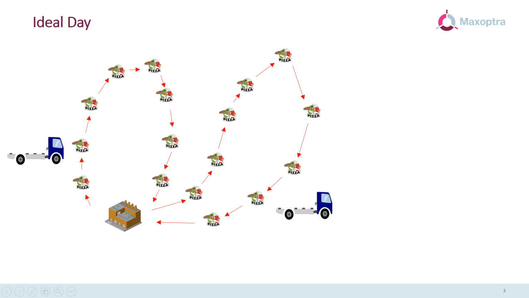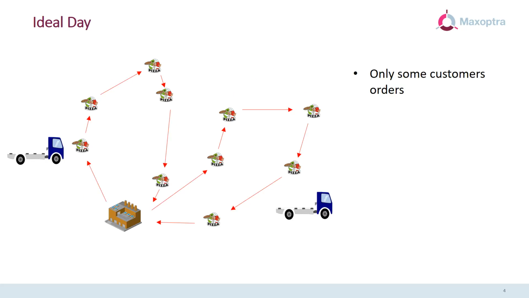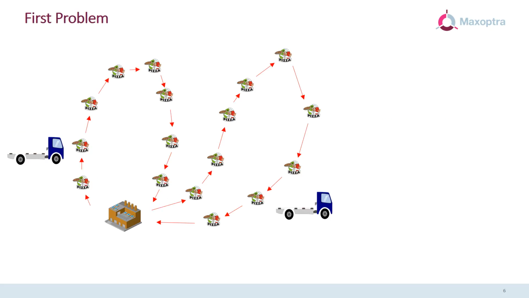So, come the ideal day, what actually happens is I've got my 2 trucks, my orders come in, and some customers order some products on each route, and miraculously it means that both my trucks are fully loaded, 100% utilized, which is great. But this rarely happens.